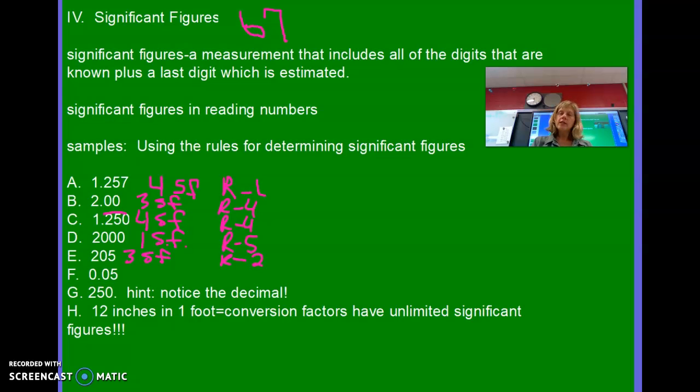All right, let's look at F, .005. This is very different than B and C, where the zeros are after the decimal and at the end of the number. These are in front of. We consider these to be placeholders. So let's look on our paper, pause the video if you need to, and find the rule.